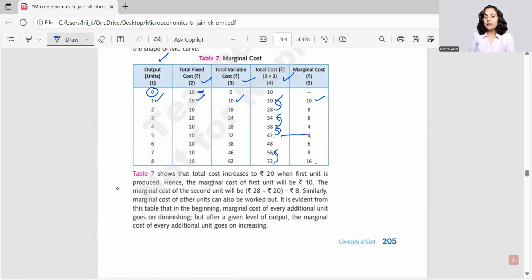So the total cost at the 0th level is 10. From 10, it has now increased to 20 when we have produced the first unit. Hence, the marginal, meaning the next unit which we have made, the first unit, has given us the additional cost of 10 units.